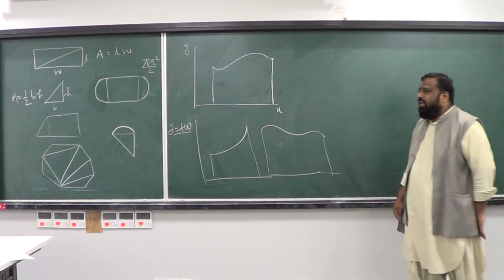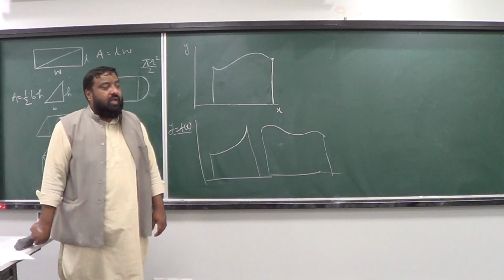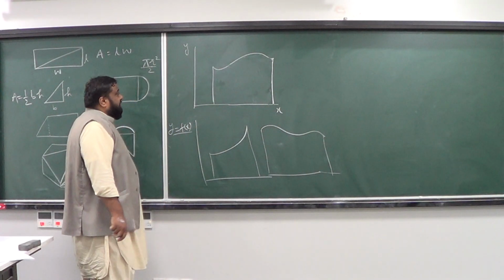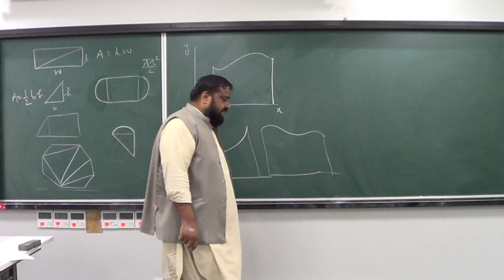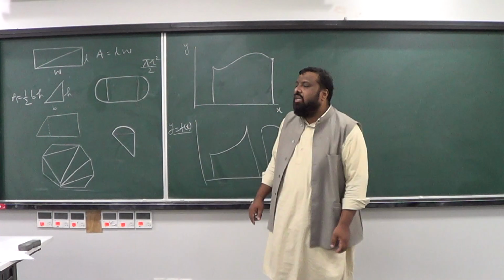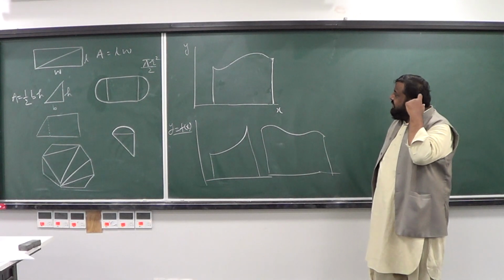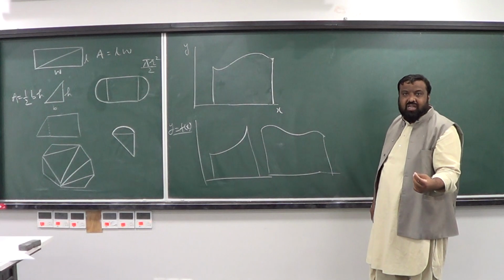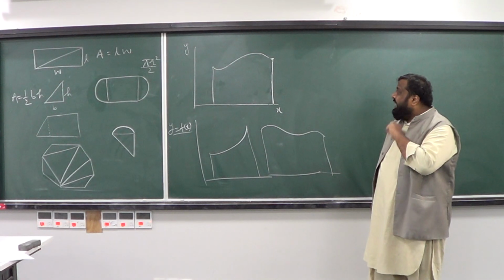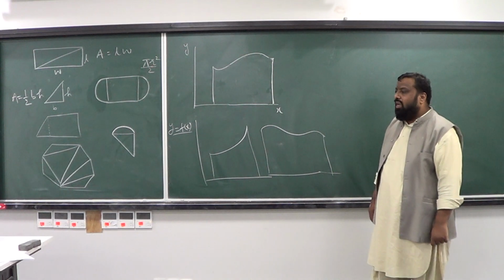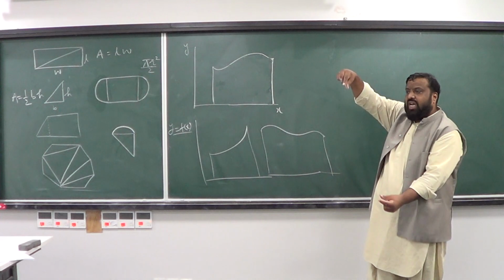But we really want to talk about the trick that Newton and Leibniz thought of. They thought of a very interesting and simple trick. The trick was to take rectangles of equal size.